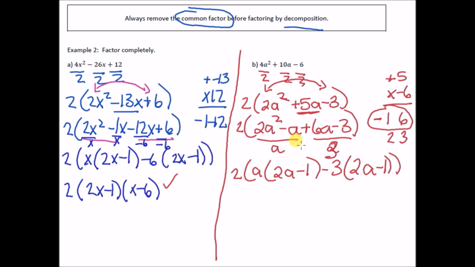Okay, now I immediately knew that I was wrong because I was getting 3a and then like 3 divided by 2 didn't work. So now I know I'm correct because this bracket is identical to this bracket here. So 2 is still a factor, 2a minus 1 is a factor, and then a minus 3 is a factor. And that's done.